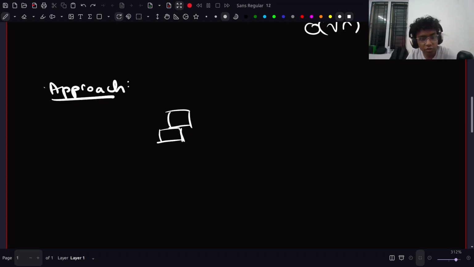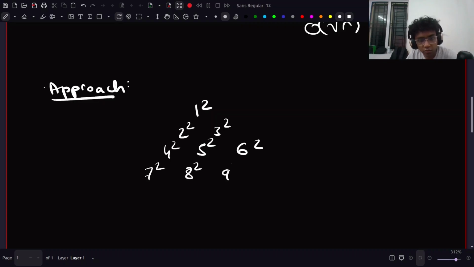Let me not draw the squares, I'll just write the numbers. So 1 square, 2 square, 3 square, then 4 square, 5 square, 6 square, 7 square, 8 square, 9 square, 10 square, 11 square, 12 square, 13 square, 14 square, 15 square, and so on.